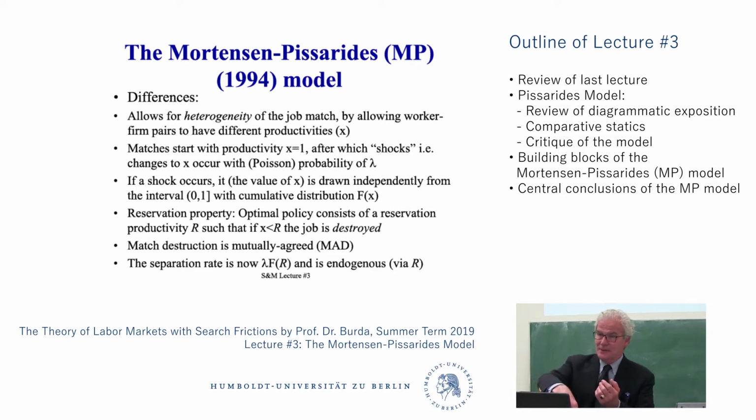I put my hand in the urn and pull out a new value of x. Those things are joint. So the probability of actually separating from my job is the product of this Poisson incidence parameter and the probability that my x is below r. R is the cutoff value, which will be determined in the model. Right now, for whatever value of r you want to call out, that's the probability.